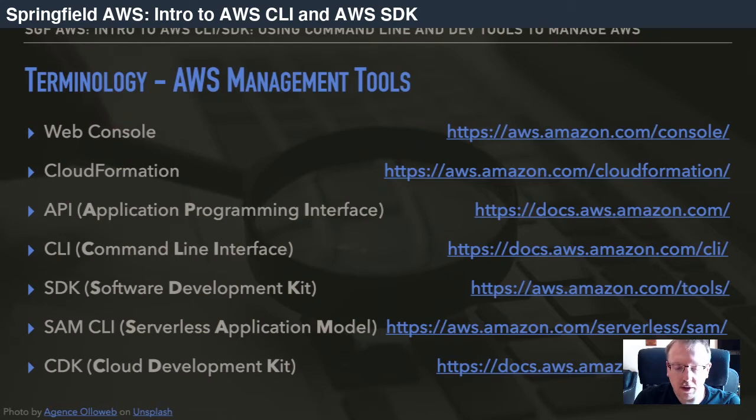Everyone gets their start there. It's made to be accessible to everyone, but it's not always the most efficient way of going about managing things, especially if you're building out large environments or needing to rebuild similar environments over and over and over, or you need to integrate AWS into your application or your daily workflow.